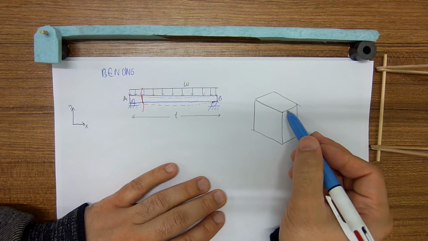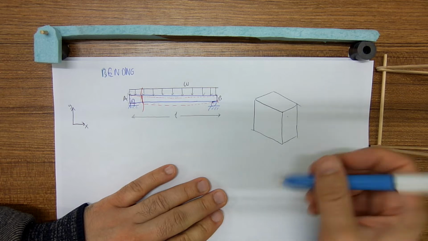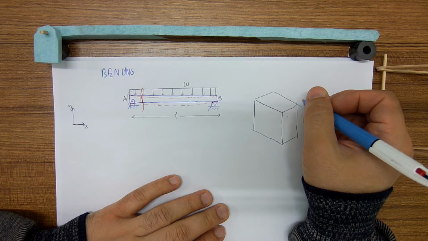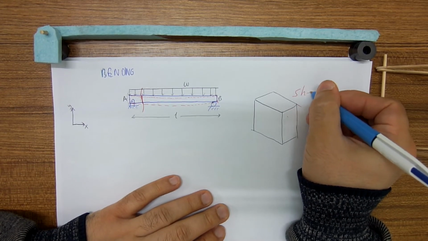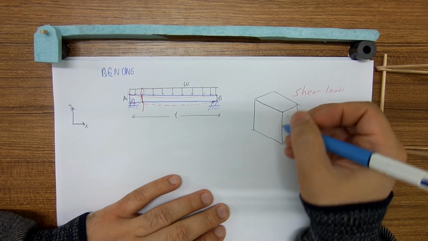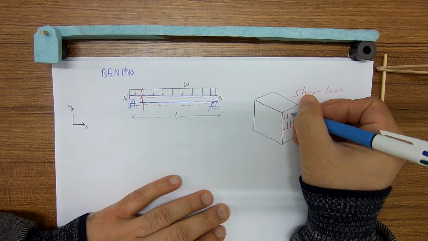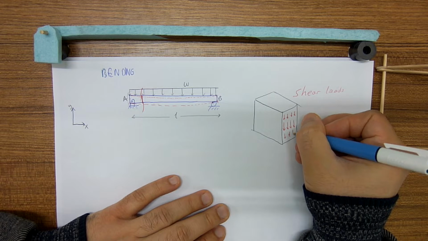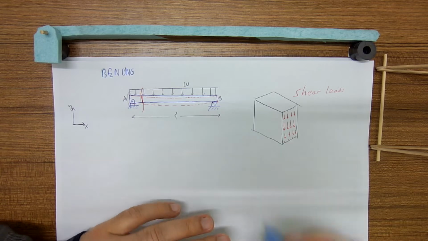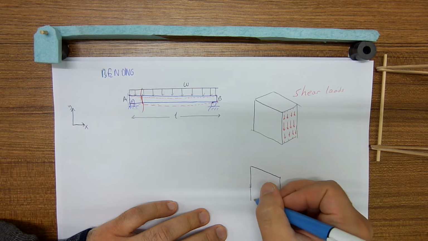When I look at this face where the cutting occurred, this face of the segment, I see two types of loading, two components of internal loads. One is shear loads, and the other is normal loads.